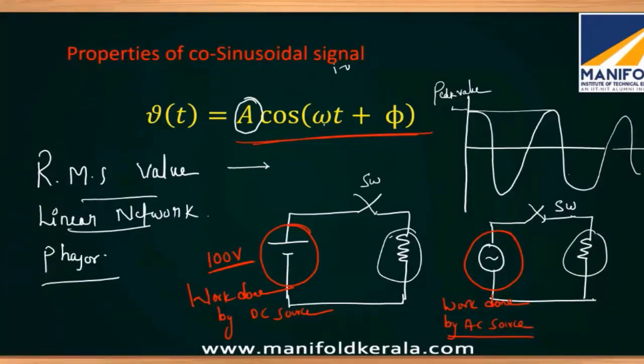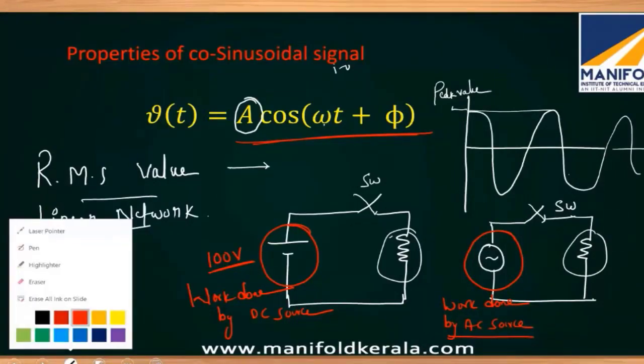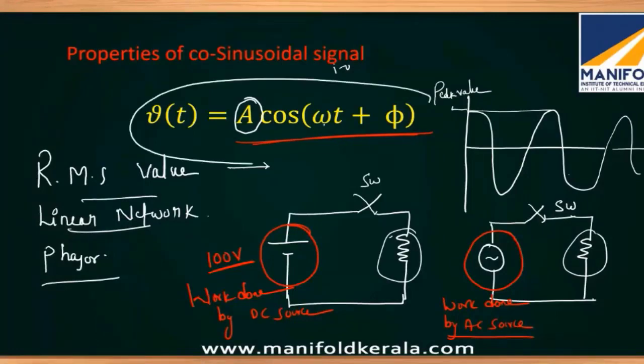Then for this AC voltage, the equivalent DC value, the effective value, is 100 volt. So this 100 volt is called the RMS value of this AC source.